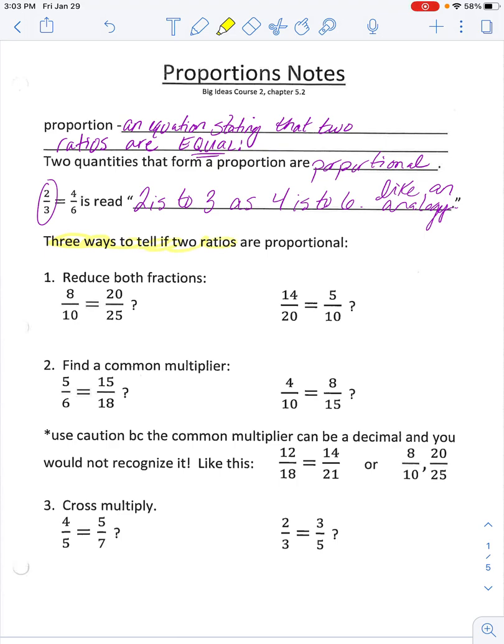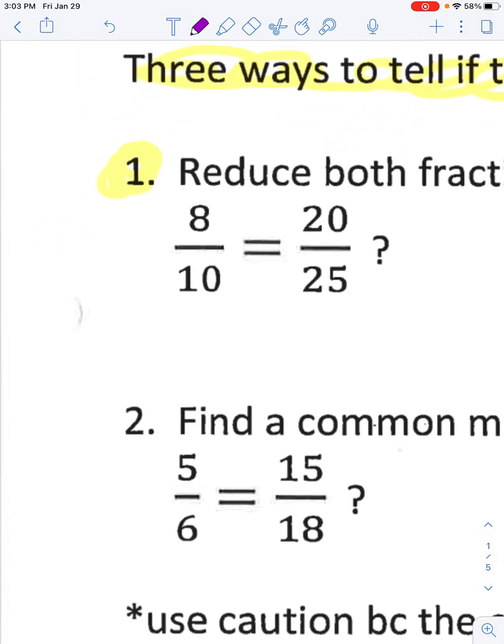There are 3 ways to tell if two ratios are proportional. And it depends on the numbers which way we will decide to figure out if they're proportional or not. Okay? So, first way to figure out if ratios are proportional is to just reduce both fractions.